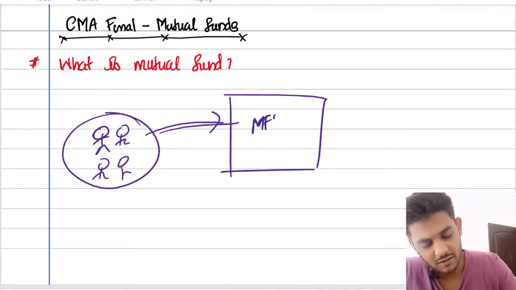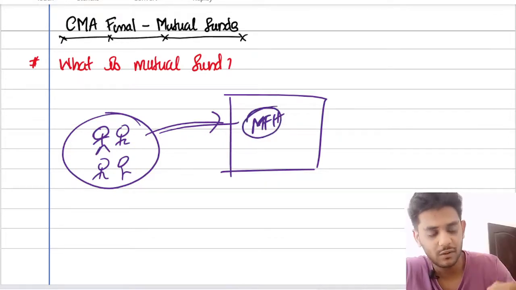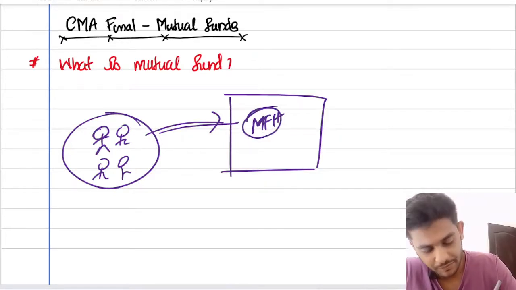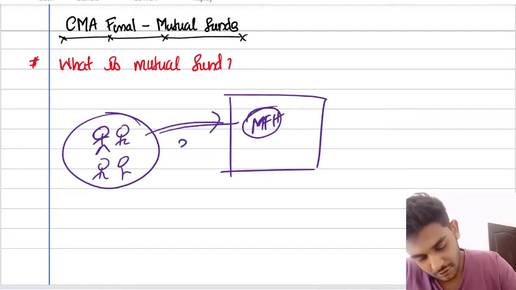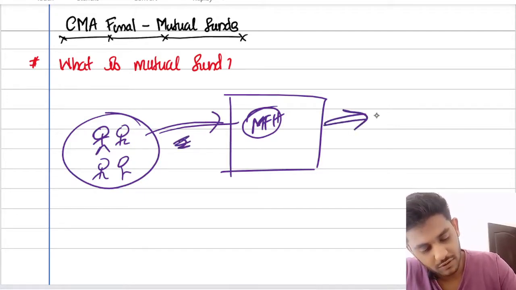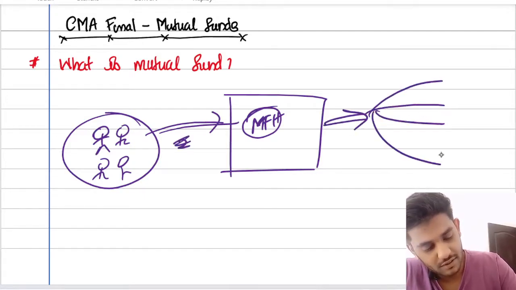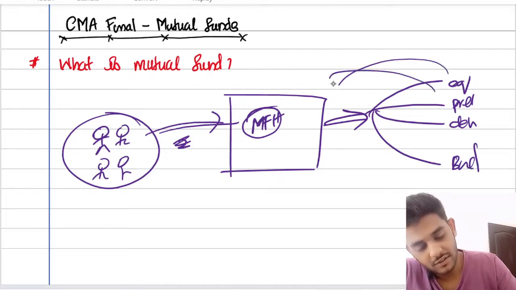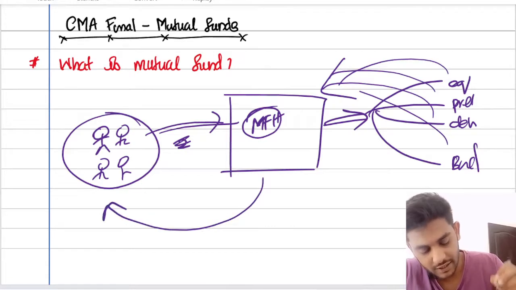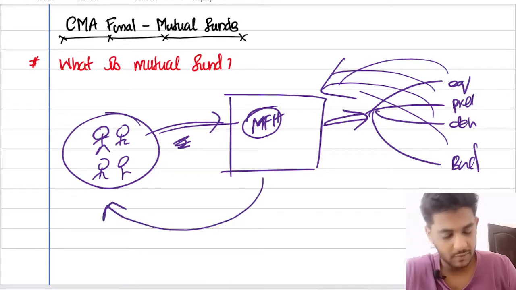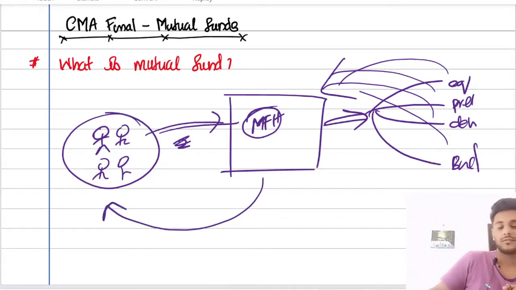So there are mutual fund houses, they will give this money to the mutual fund houses, and these mutual fund houses will invest this into different securities like equity, preference, debentures, bonds, etc. And these securities will give the mutual fund house return, and this return will in turn be distributed to the respective investors. That is what is happening in case of a mutual fund.